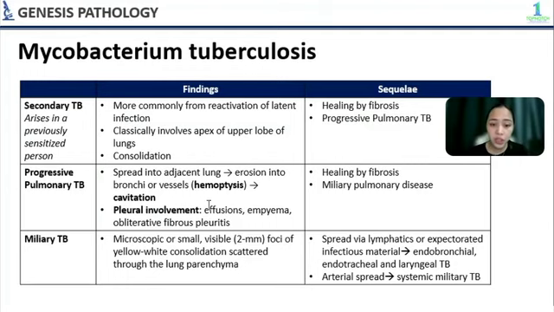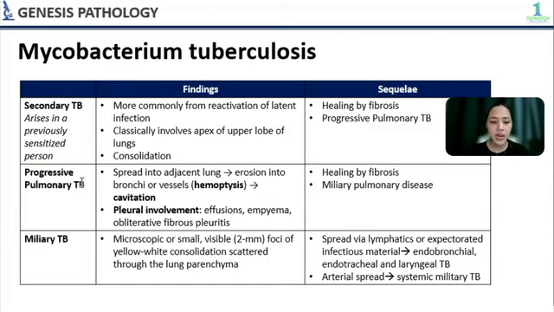But cavitation is common and it readily occurs in secondary TB. So this cavitation, they can erode into the airway, which becomes an important source of infection because now the cough, the sputum, meron na siyang Mycobacterium bacilli. Okay? So pwede din siyang mag-heal by fibrosis and pwede siyang maging progressive pulmonary TB.